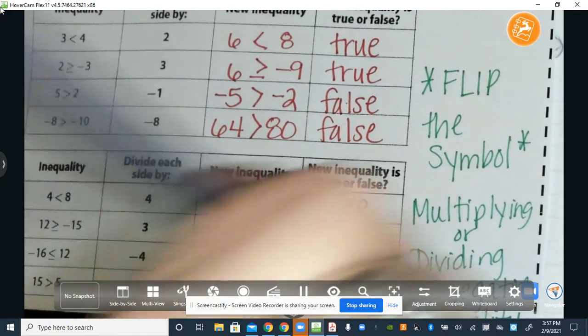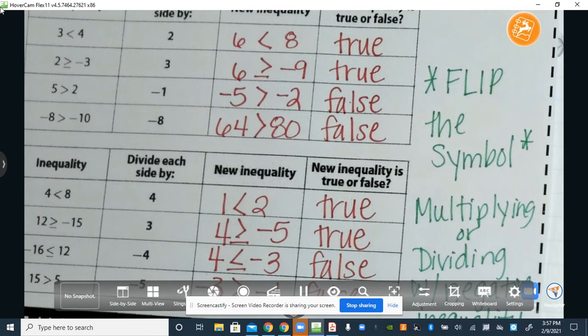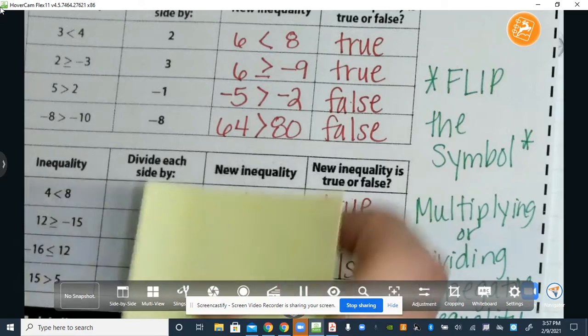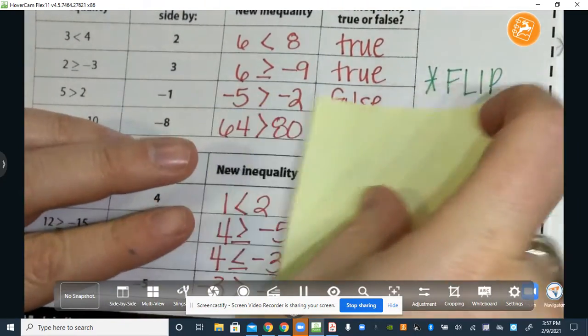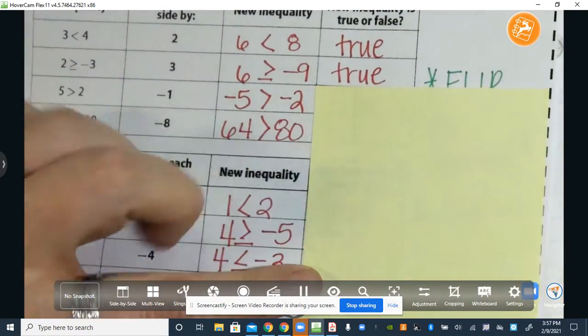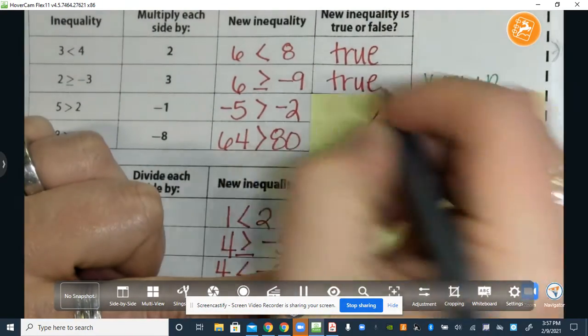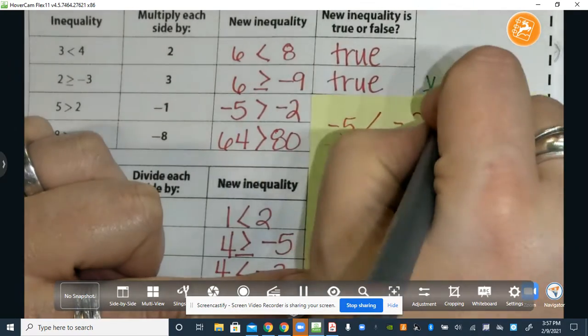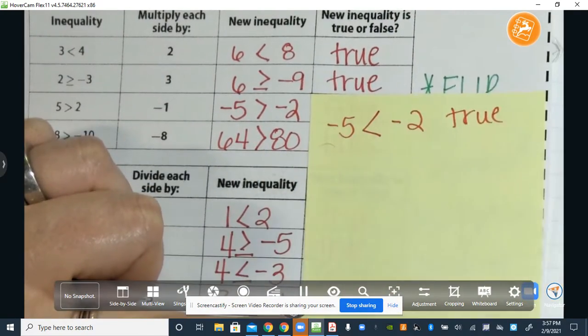So if I did that, let me grab a sticky note. So if I did this and I flipped my symbol around to this way, and my numbers stay the same, so -5 is less than -2, that makes it a true statement.